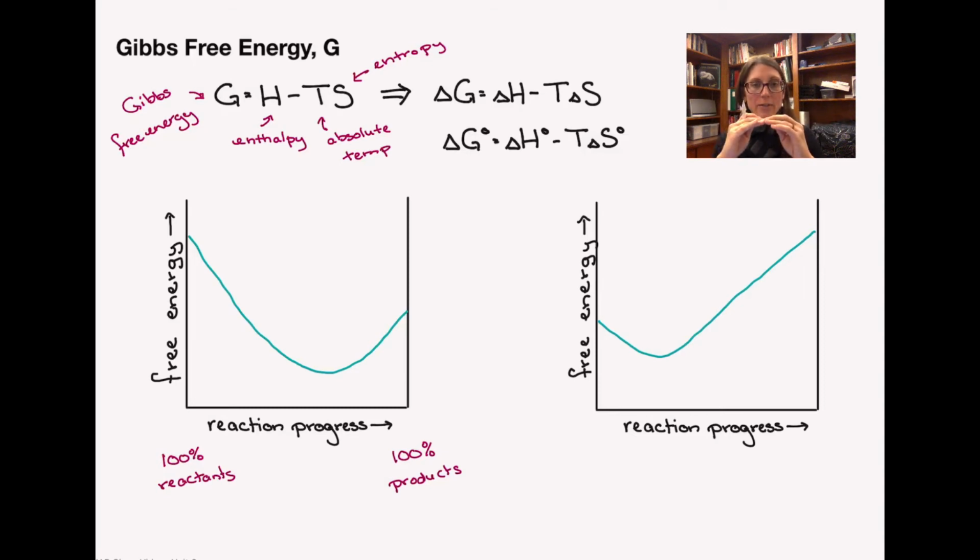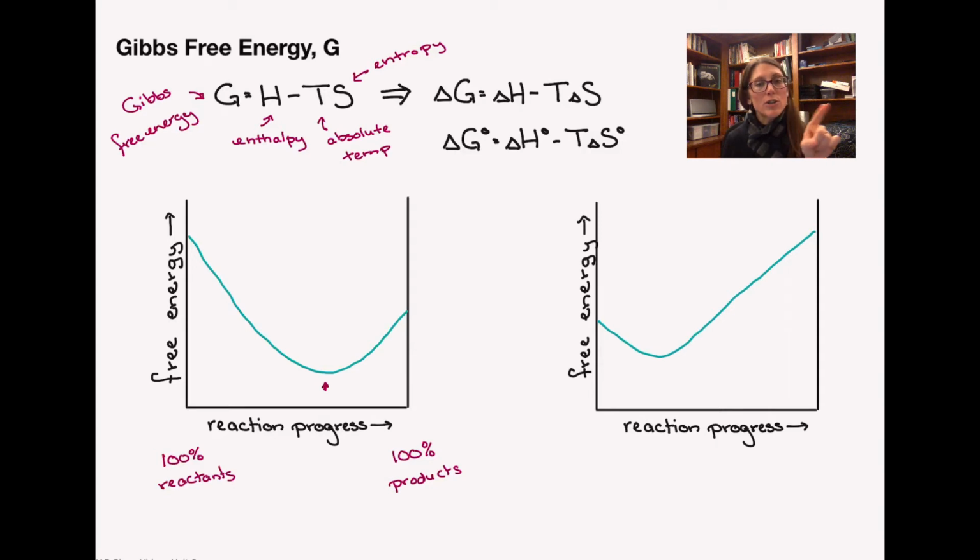You have free energy on the y-axis. You'll see that the reactants and products have different free energies. In this case, the reactants have a higher free energy, they're less stable, and the products have a lower free energy. This reaction is going to continue until it reaches the lowest possible energy for the system, which would be right about here. And that's where that reaction is going to stop.